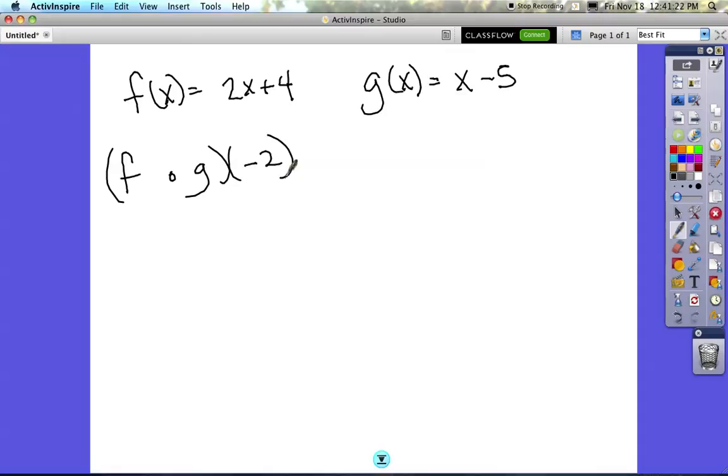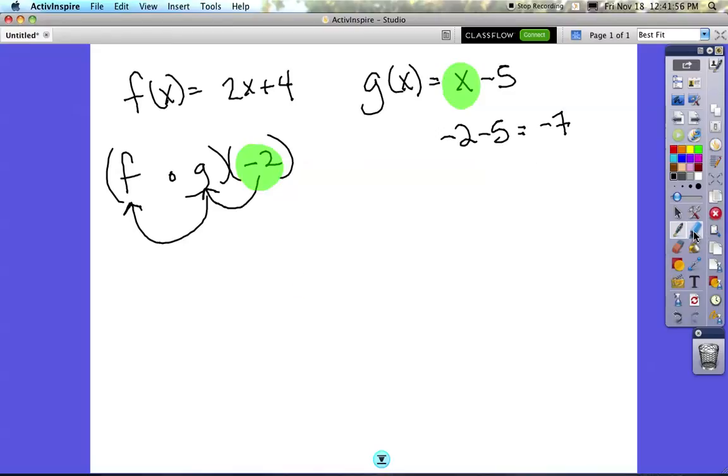Okay, so what's x going to be the first time around? -2, and it's going into, work backwards, the g. So the -2 right here is going into the g right there. So I'm going to say -2 minus 5 is -7. Now that's going to go into the f.